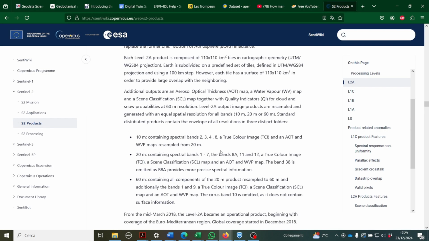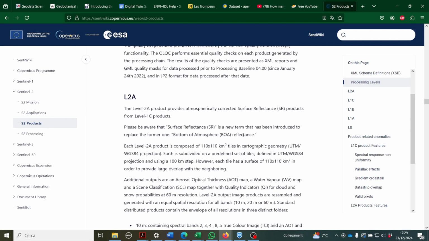Level 2A is the most used because level 2A products provide atmospherically corrected surface reflectance, called SR, derived from the level 1C product.